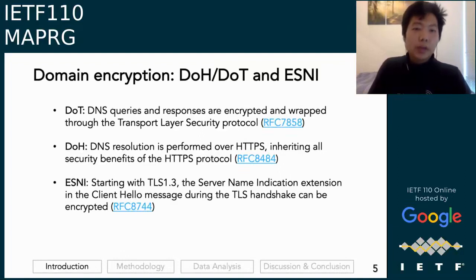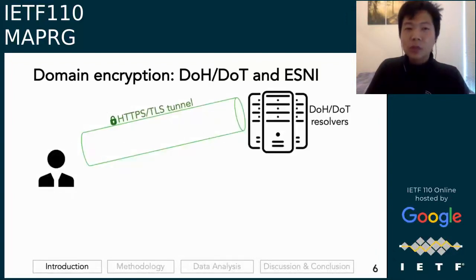And finally, starting with TLS version 1.3, the server name indication extension in the client hello message during the TLS handshake can be encrypted. With this proposal, the domain name information in both DNS and TLS handshake traffic can be secured. In this new setting, a user and the DNS resolver first establish an encrypted channel, which can be over HTTPS or over TLS.